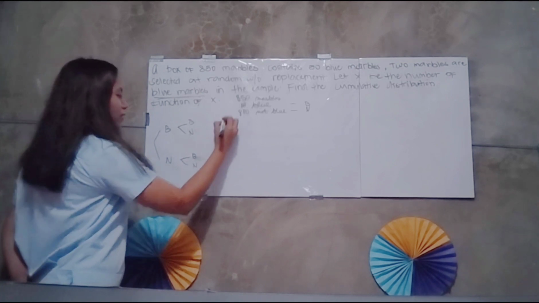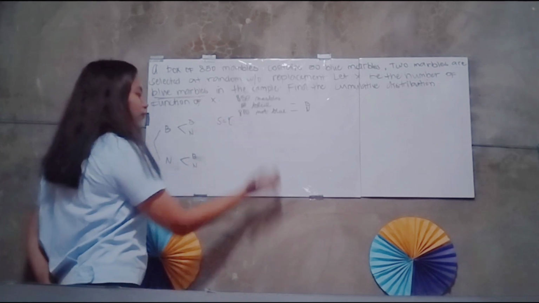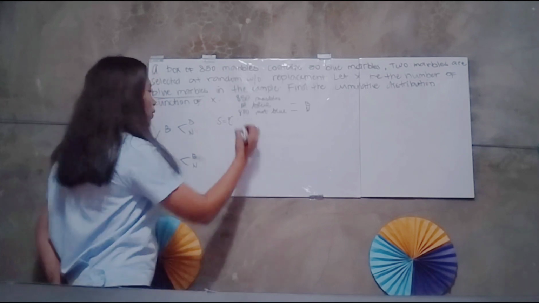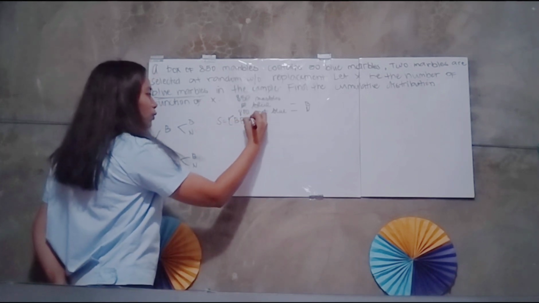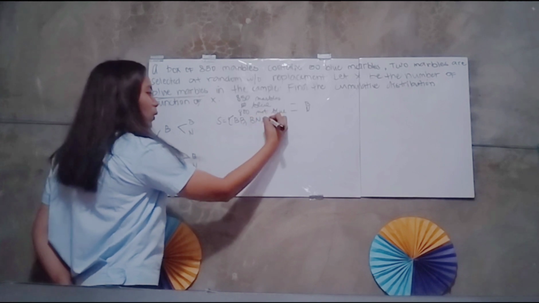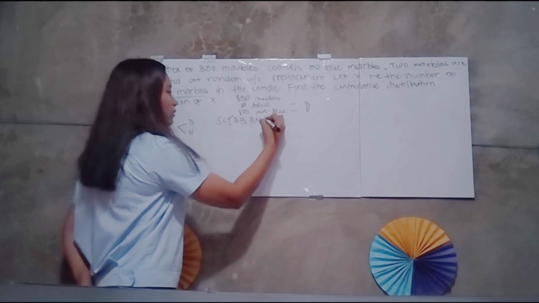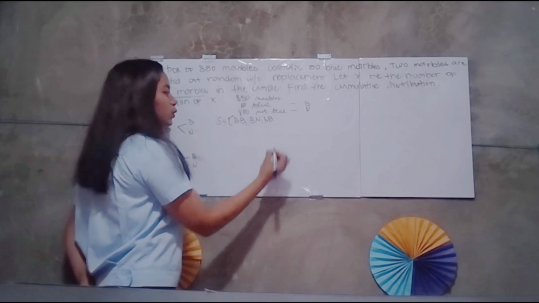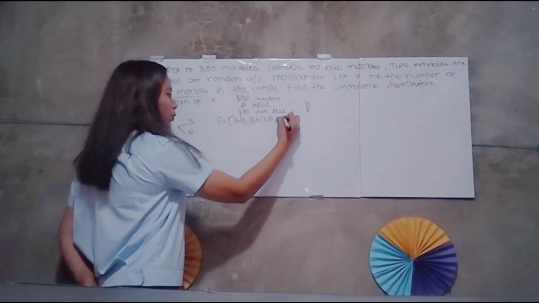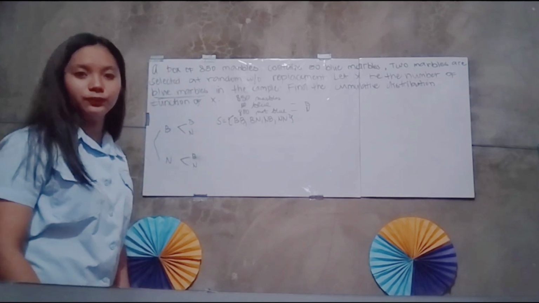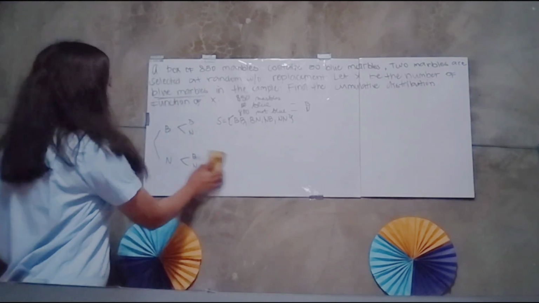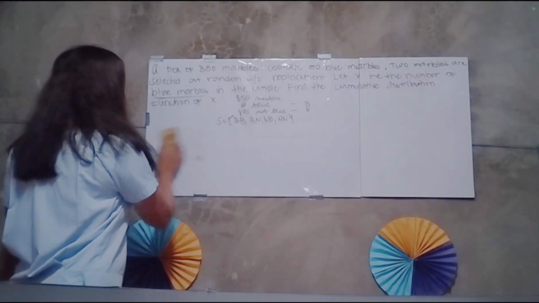So we have a total sample space of 4 outcomes: BB, or blue, blue; BN, blue, not blue; NB; and NN, not blue, not blue. So now we have the sample space.